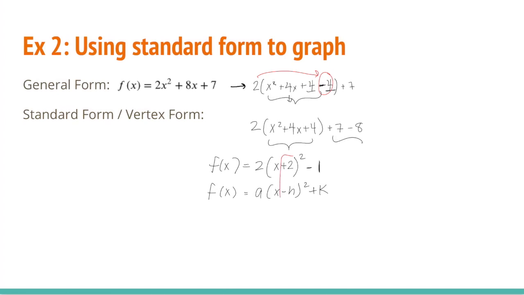And I can see that we have a +2 up there. So my x value of my vertex will be -2. Remember, this negative is built into the function. So when I see a +2, I need to think, okay, that's subtracting a negative. And then our k value is -1. So our vertex of this parabola is (-2, -1).